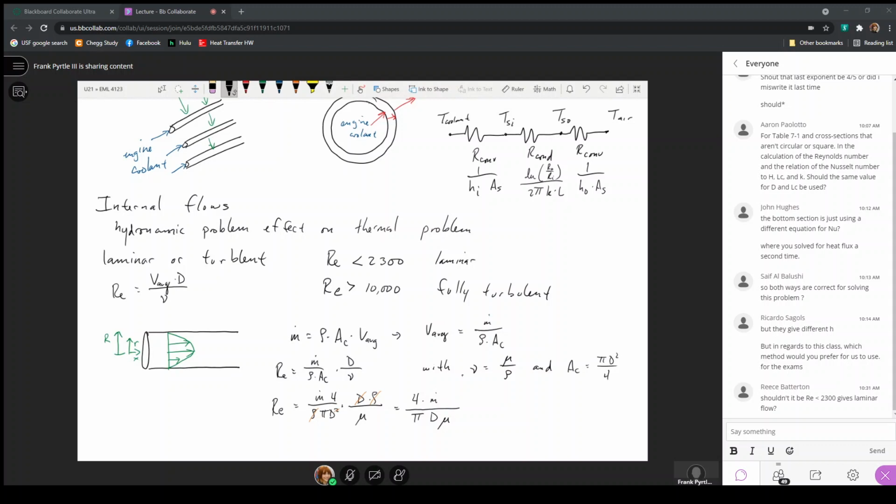But now this definition of the Reynolds number will be used for any internal flow, but not all flows are through circular pipes. And we have non-circular pipes.